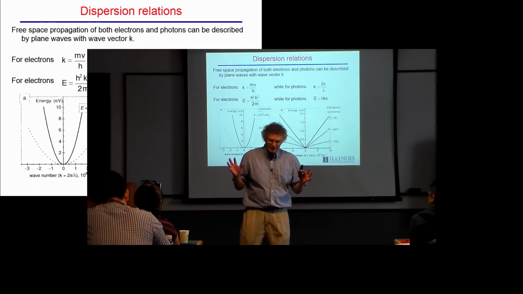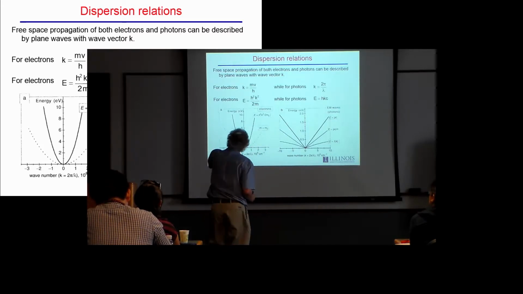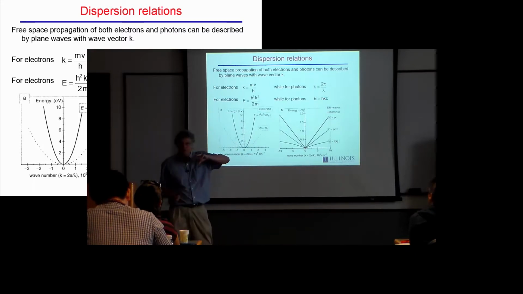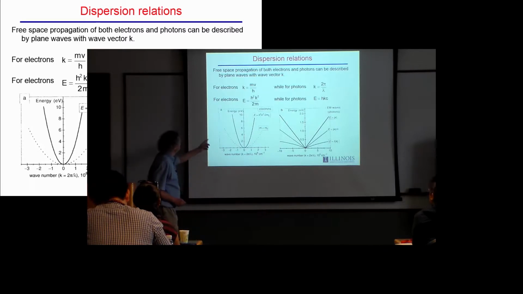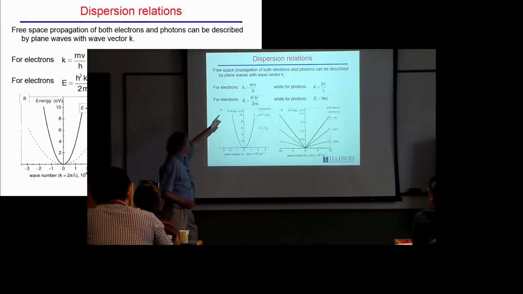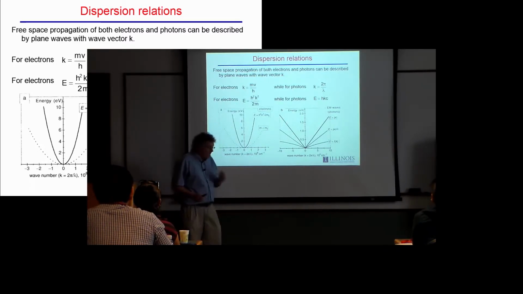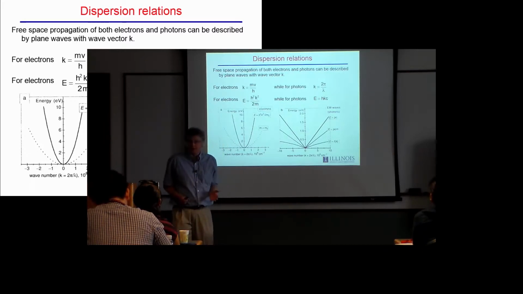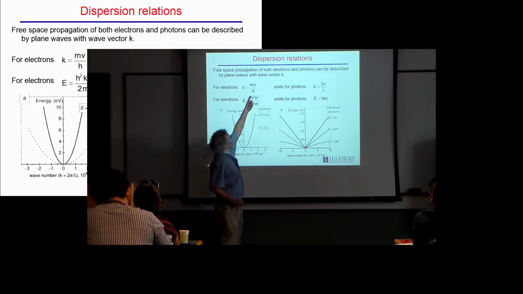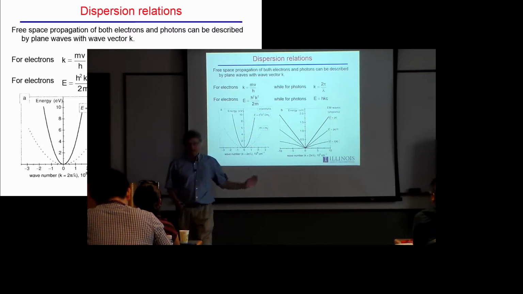So we got to look at how energy and momentum are related to each other for the particles. For electrons, the momentum K is just mass times the velocity, but it's a quantum mechanical property, so we throw in a Planck's constant. Anytime with quantum mechanics, just throw in a Planck's constant.